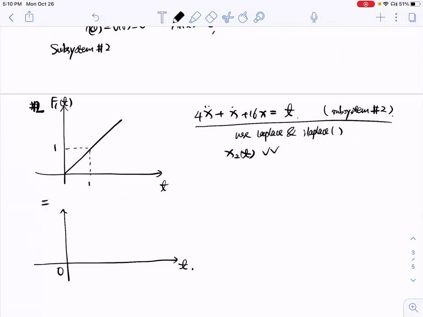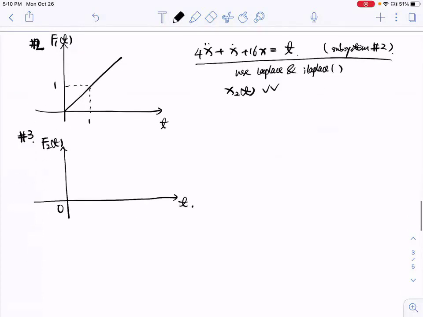I think that's the challenging part, the equation number 3, the subsystem number 3. So you want to create a function that starts at time equal to 1 and with a slope of -2. I'm not sure if that's clear to you.